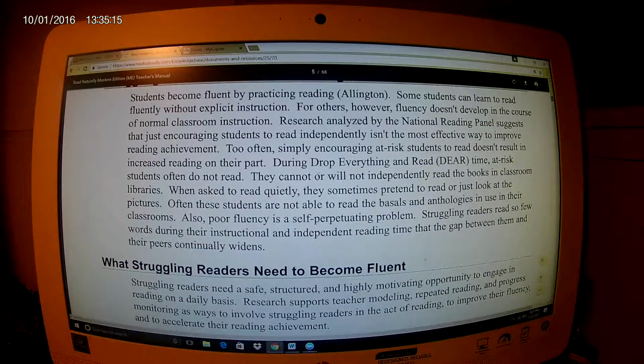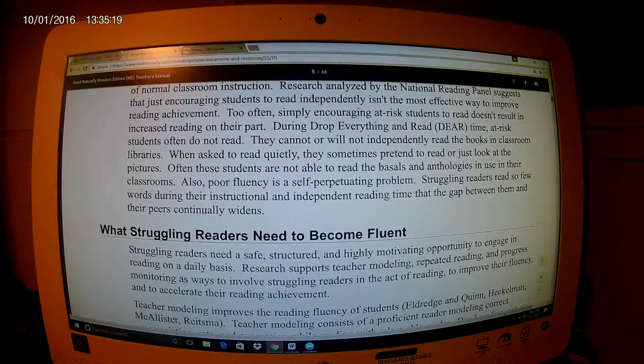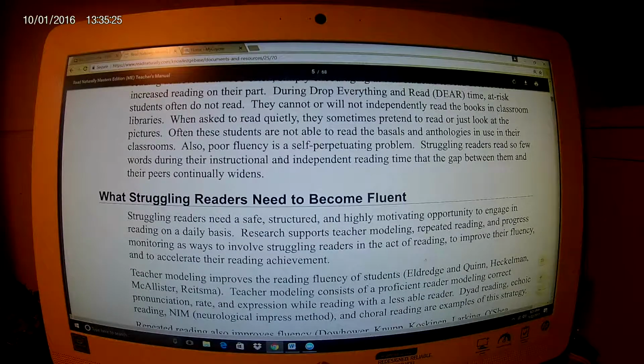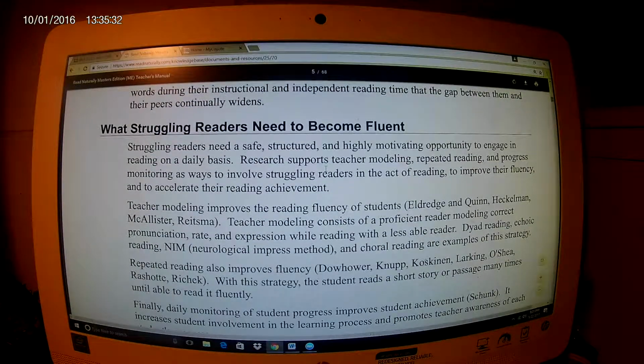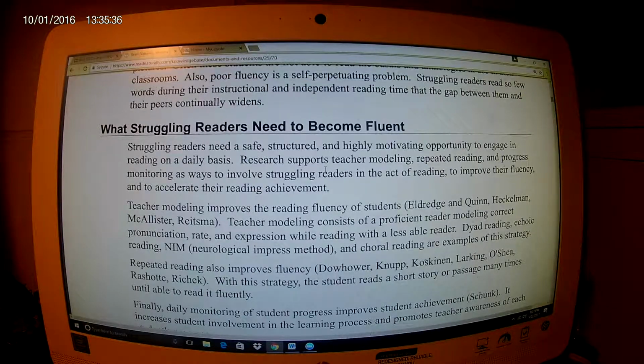So right here it talks about Drop Everything and Read. This was a practice they used. But what ended up happening was the students were acting like they were reading, but they weren't, and they were just looking at the pictures, and they didn't have any comprehension because they weren't really understanding the words. There was no fluency and there was no comprehension.